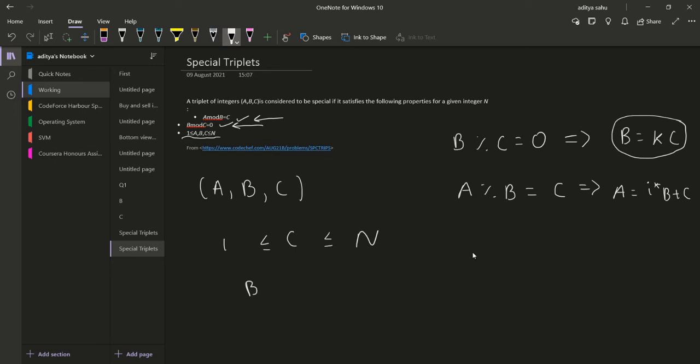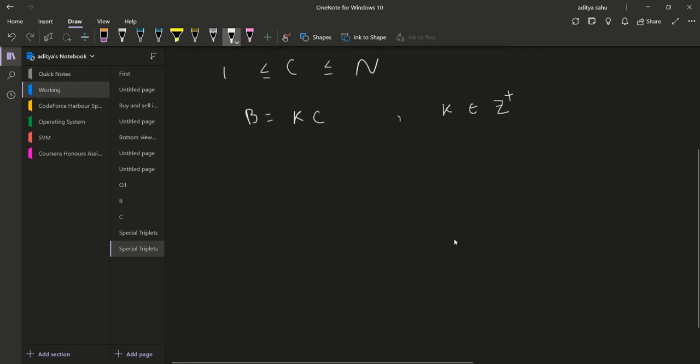Now for B, we can have B as some integer k times C, where k belongs to the positive integers. So as B is an integer multiple of C, B will also vary from 1 to n, right?